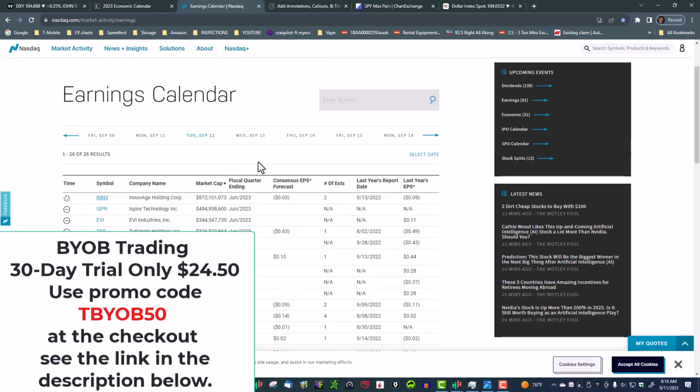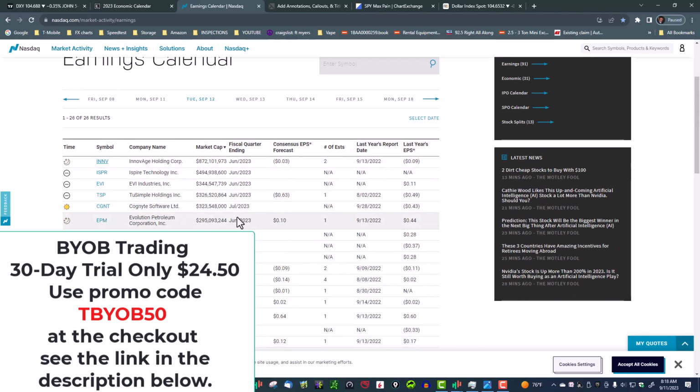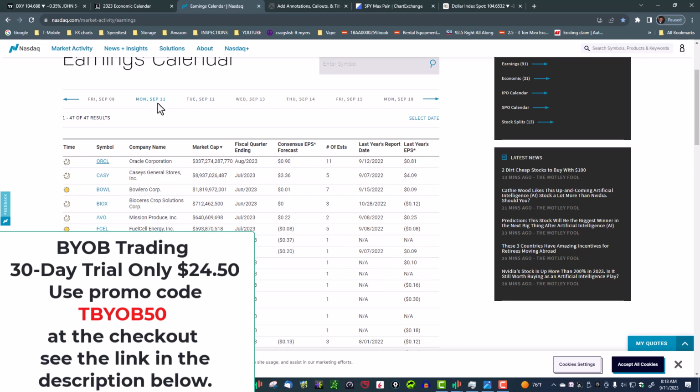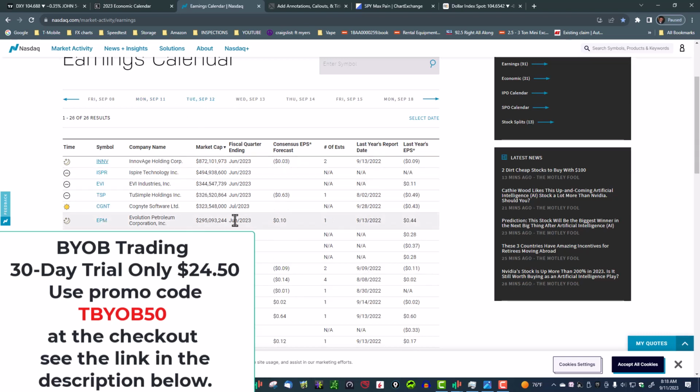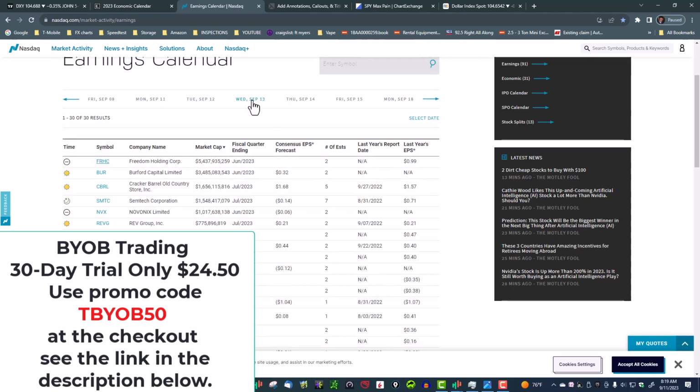Tuesday, let's look at Tuesday. Not as good as Monday. Monday's really looking good. Tuesday, these aren't really big caps as far as I know. Freedom Holding must be some kind of foreign country.